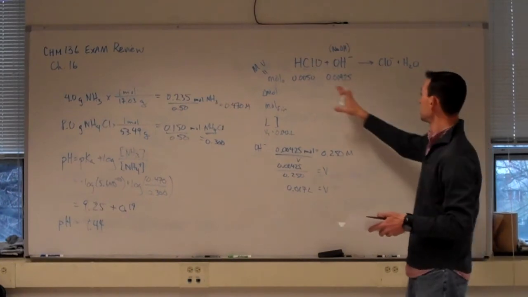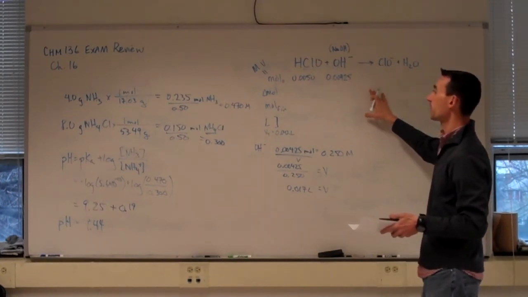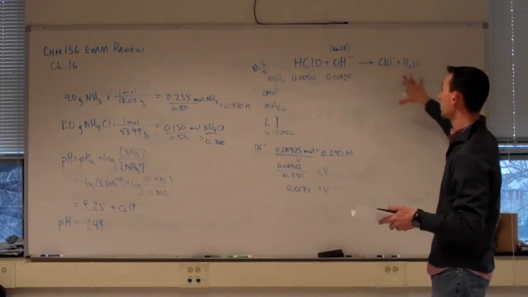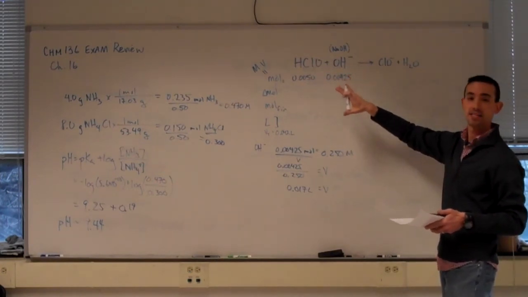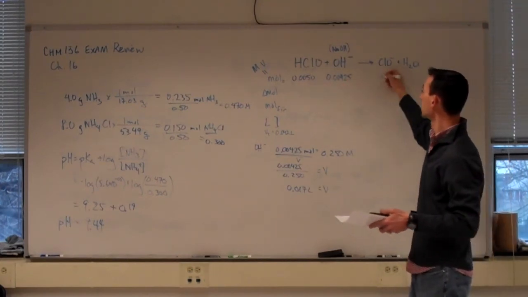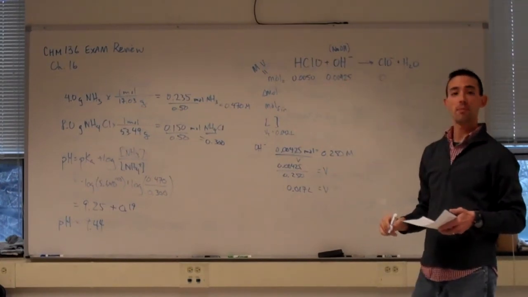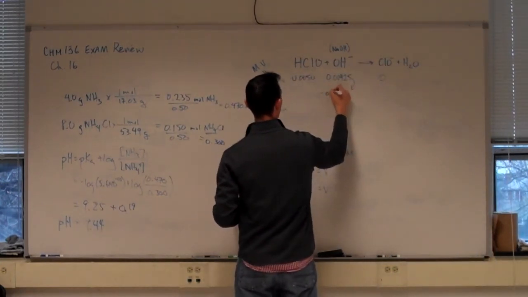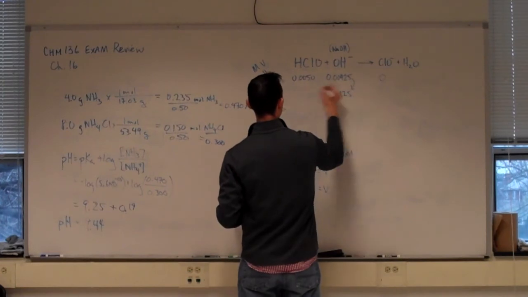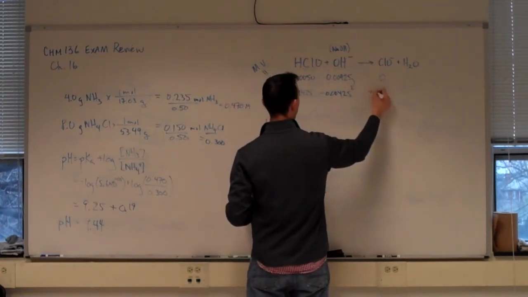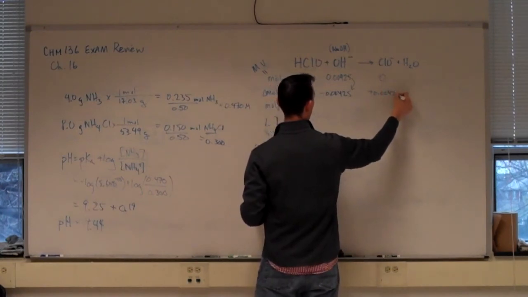Now we look at this problem, and this is a case where we're looking at a limiting reactant, right? We have a complete reaction because of the strength of the base. And so this reaction will occur until one of these reactants runs out. We have no hypochlorite at the start. So the smaller number is the hydroxide. So we will subtract it from each reactant and add it to the product side.